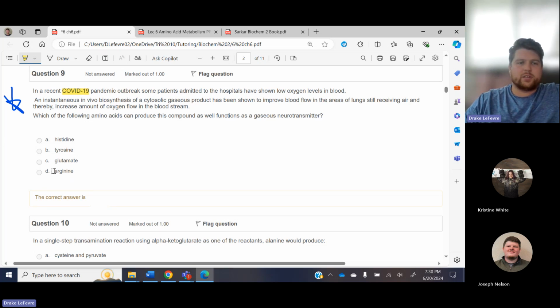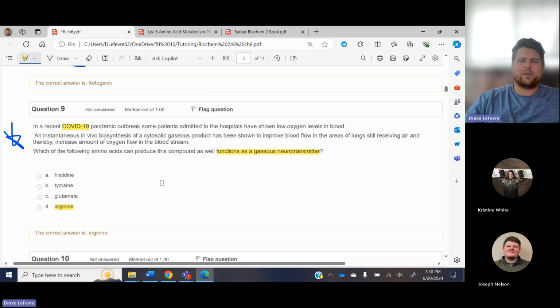This is one of those super random details where otherwise you'd have no clue. This is arginine. So if you see this question, functions as a gaseous neurotransmitter, you just have to know which one it is. I don't even think it's in the book.